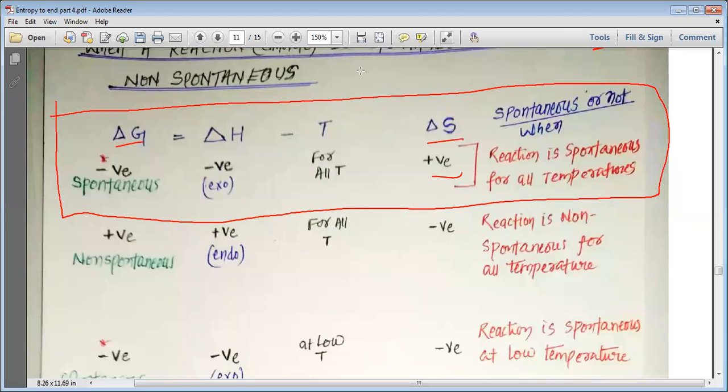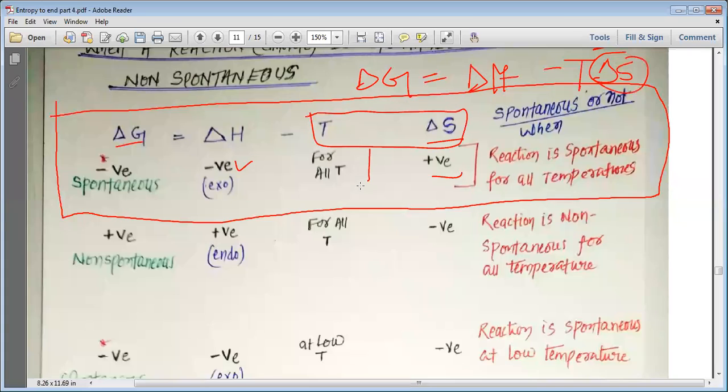So in delta G is equal to delta H minus T delta S, this positive value for delta S makes the overall minus T delta S term negative. Delta H is already given negative, and this term becomes negative. So delta G will definitely be negative, or spontaneous.